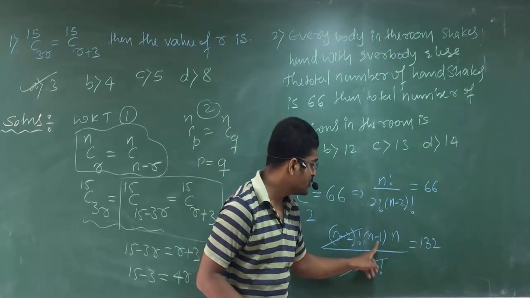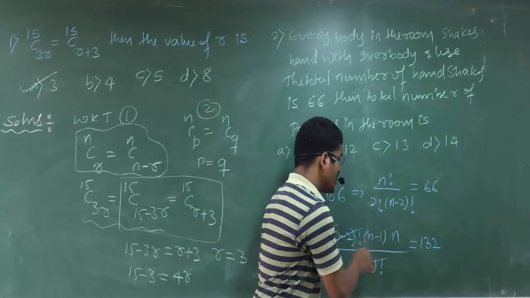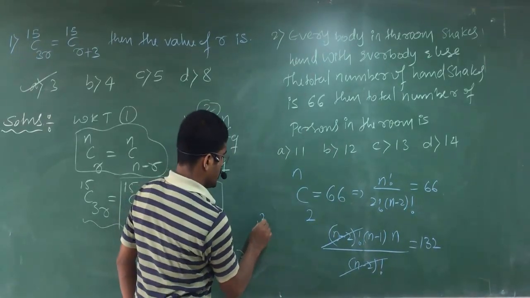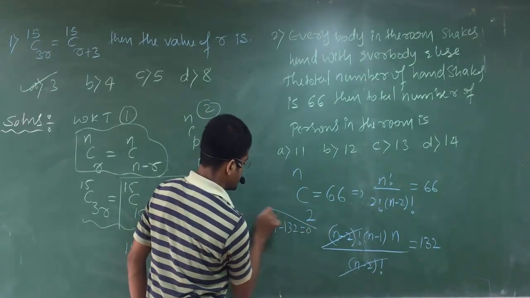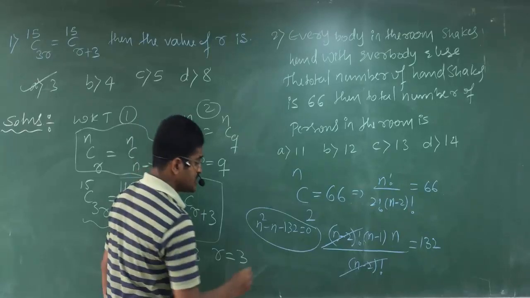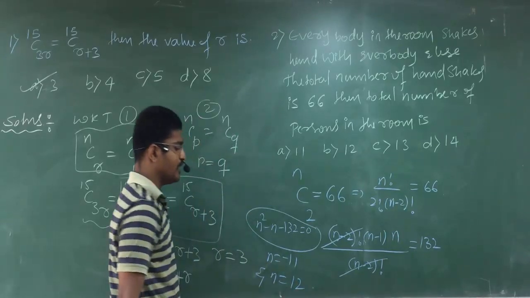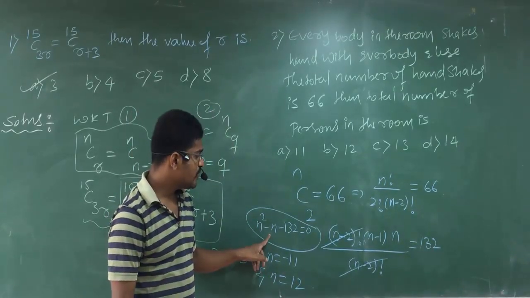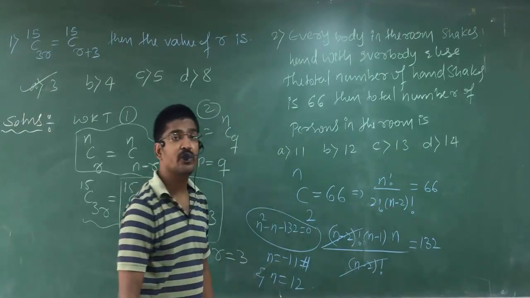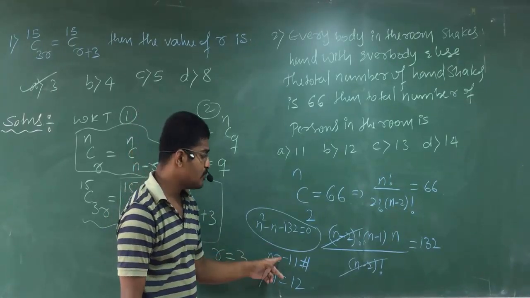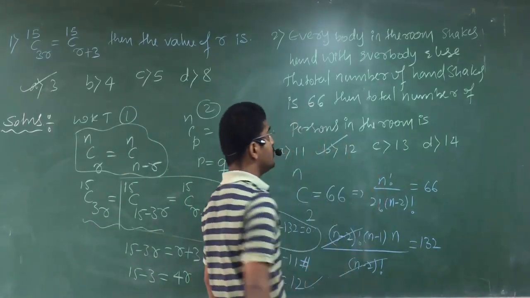You will remain with n into (n-1). Multiplying these, n square minus n equal to 132. n square minus n minus 132 will be equal to 0. If I factorize this, you are going to have n equal to minus 11 and n equal to 12. Minus 11 is not your answer because the number of people cannot be negative. Therefore your answer is 12.